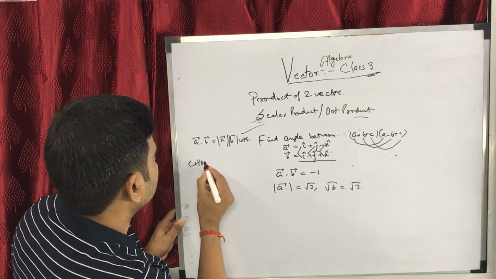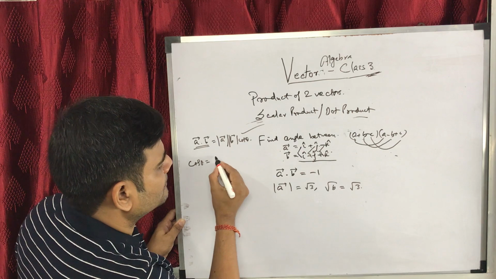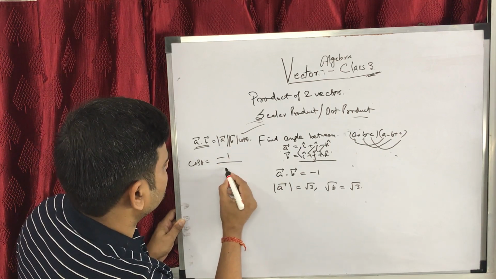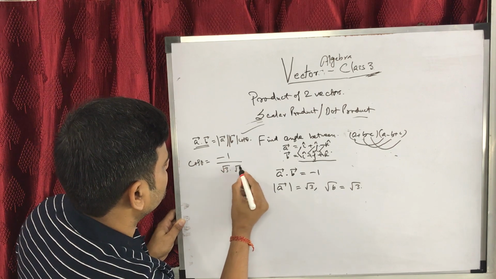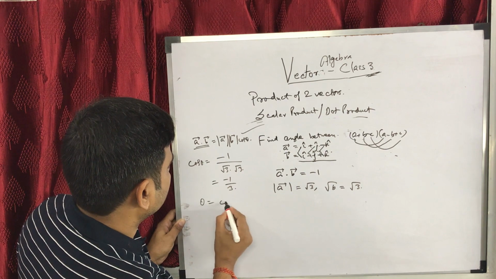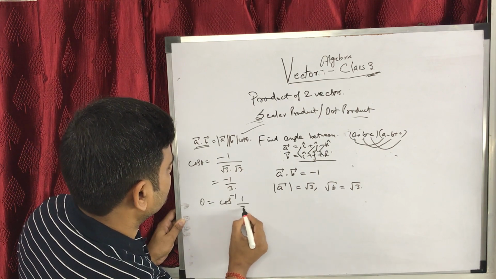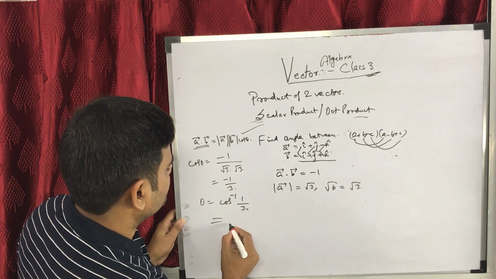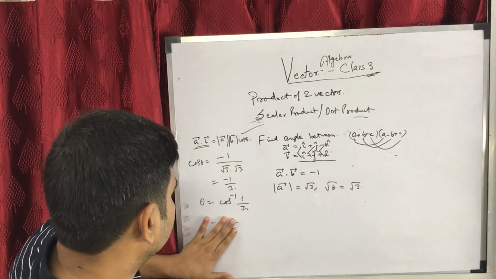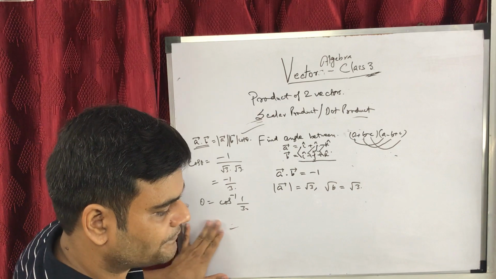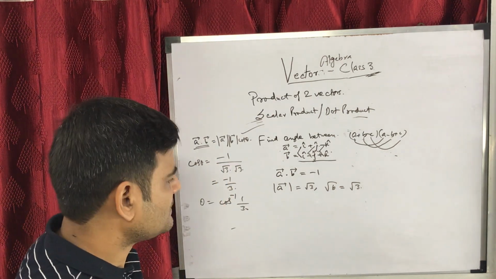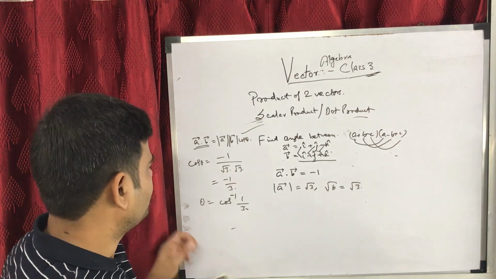So cos theta is equal to A dot B, which is minus 1, by root 3 into root 3. So this is minus 1 by 3. Theta is equal to cos inverse of minus 1 by 3. Refer to any tables and you will get the angle, or you can leave it as it is. Understood? Good. Let's move on to another problem.